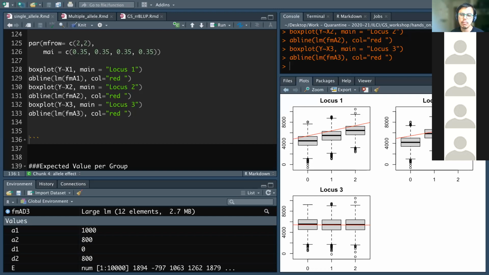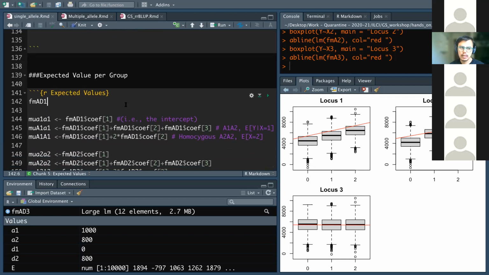Basically, with the simple linear models we're able to estimate which genotype is the worst, and what is the effect if we increase the alleles, in this case, the dominant allele in that locus. So again, the model is not perfect, but it's straightforward to use, and it's helpful to predict the genetic value in the lines.